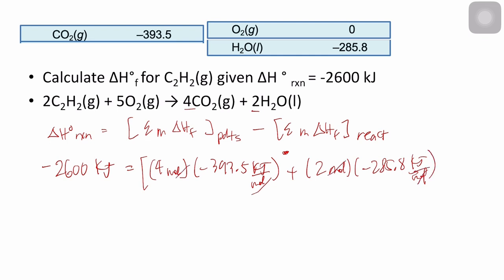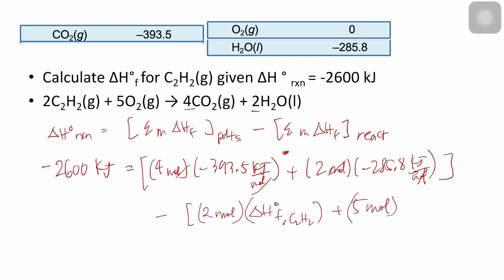Cancel the number of moles, and then we subtract the reactants. So we have 2 moles of what is being asked, the standard heat of formation of C2H2. We'll use that as our required, which will be solved later, plus 5 moles of oxygen. It's at 0, no?